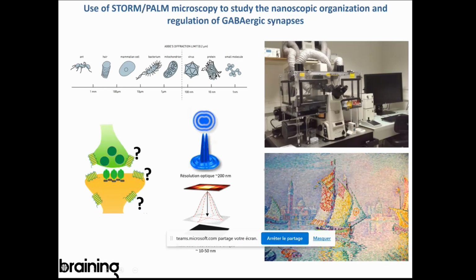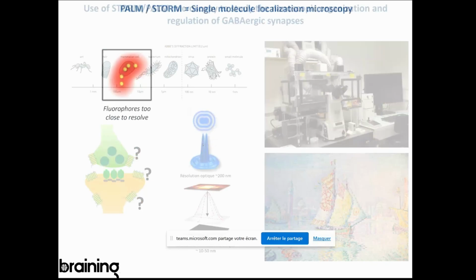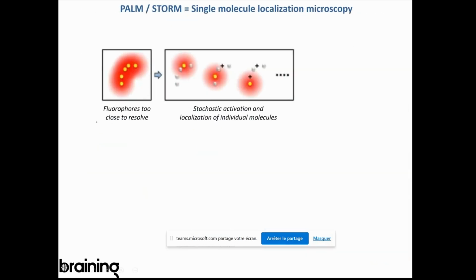We reconstruct the image point by point after turning single molecules on and off, so you can do the Gaussian fit for individual molecules, which prevents you from having a big dot when two molecules are too close to one another. So you can resolve individual molecules much better. This is the idea.